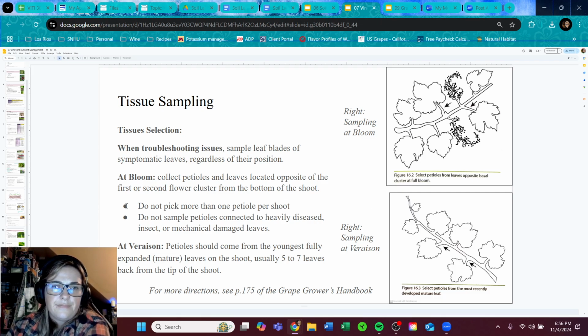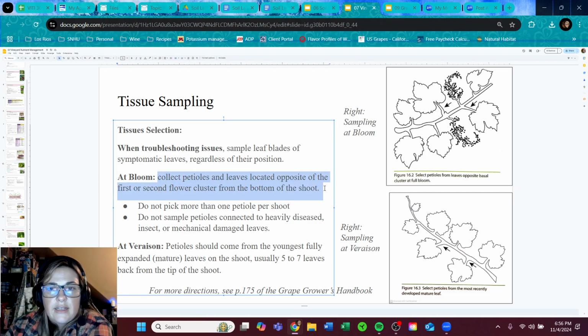Okay. So, knowing which leaves to collect, I would like you guys to know this. So just check out these pictures here. Taking the leaf directly across from the cluster at full bloom will be important.